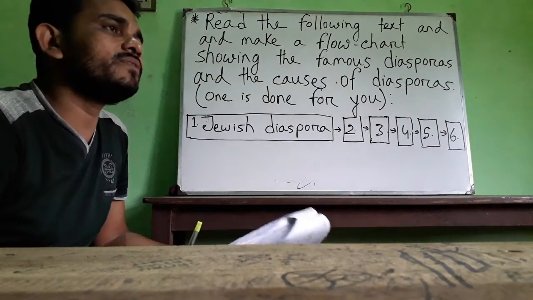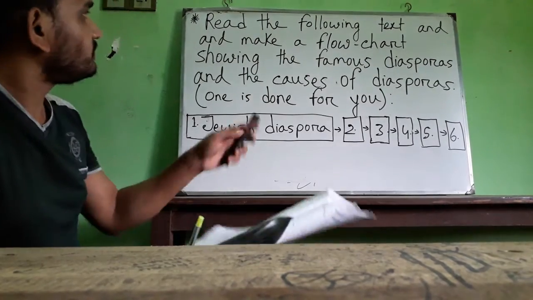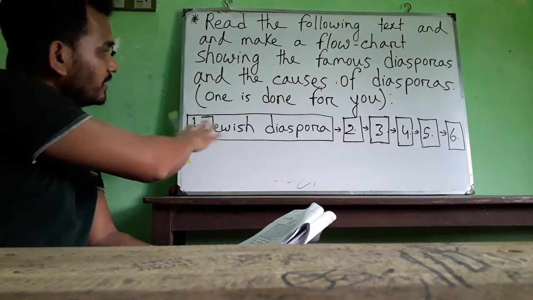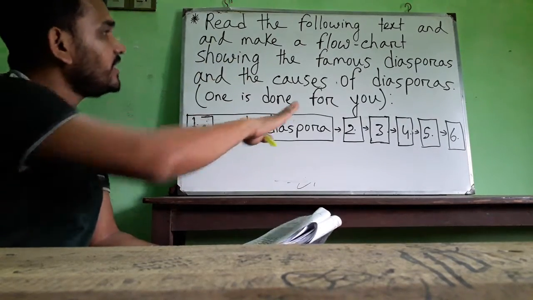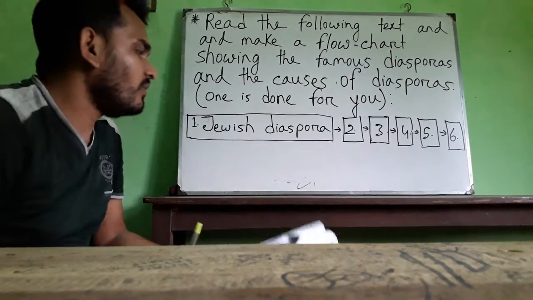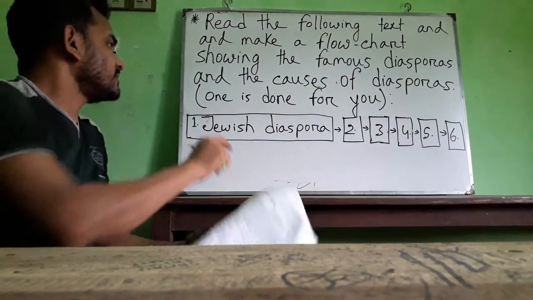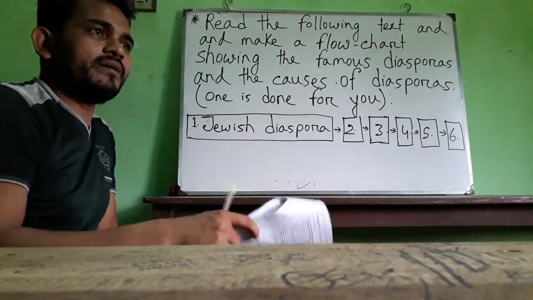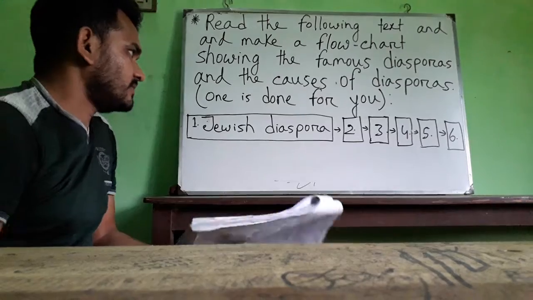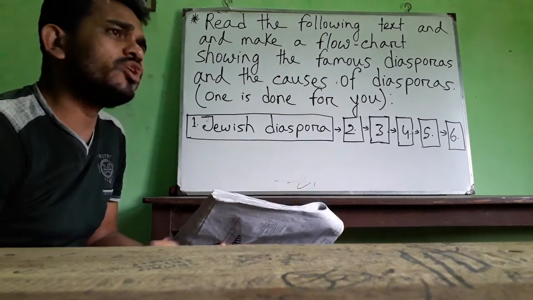So my dear students, here you see 6 boxes. Okay, in the first box there is a word. Okay, there is a phrase.